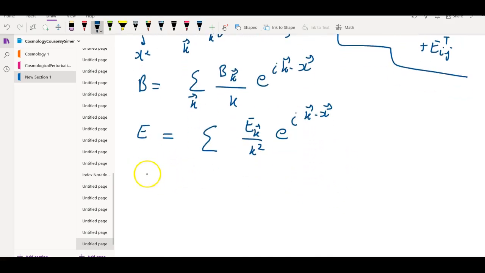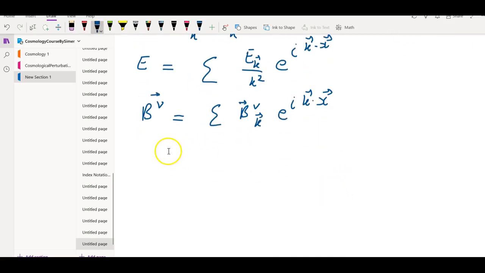And then if it is a normal vector like bv, you would expand it just normally without any factor, bvk e to the i k x. But if it is a vector which is extracted from a tensor, you would expand it differently, and all of this we saw in the last lecture.